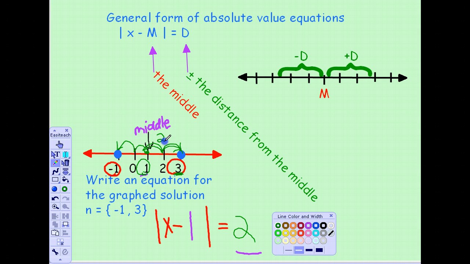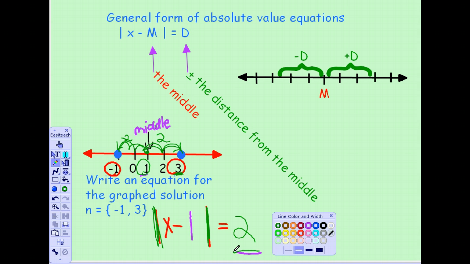So this distance up here was 2, and then if we went backwards, if we went to the left, it'd be like a -2. Since absolute value can never be a negative, we just write it as a regular 2. So there's our equation. Absolute value of x minus 1 equals 2.